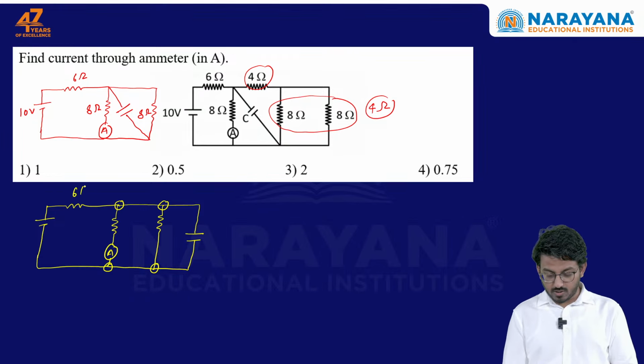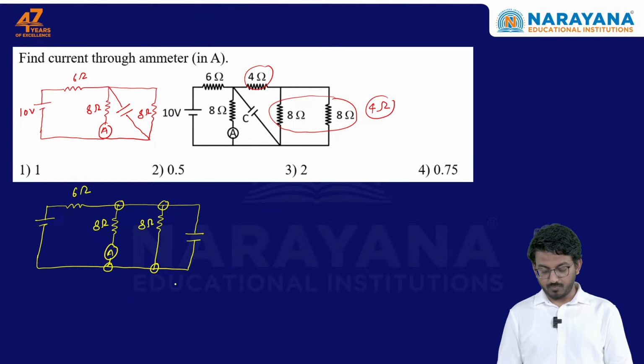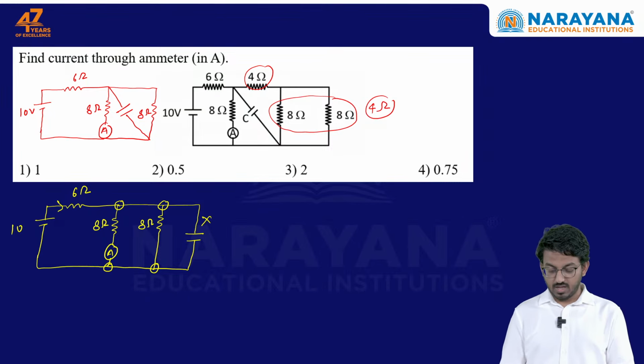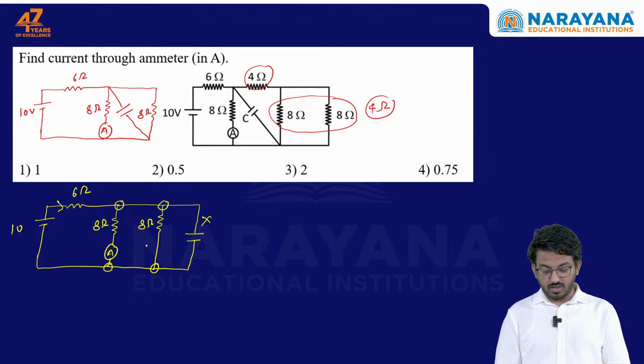Now, 6 ohm, 8 ohm, 8 ohm. Looking at this, overall this is 10 volt. There is no current in this branch because the capacitor is fully charged. So, the current going through this is going to be 6 plus the 8 and 8 result, which is 4, so 6 plus 4.